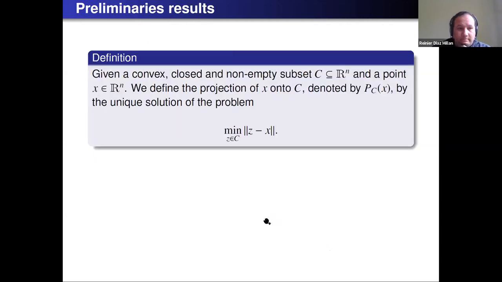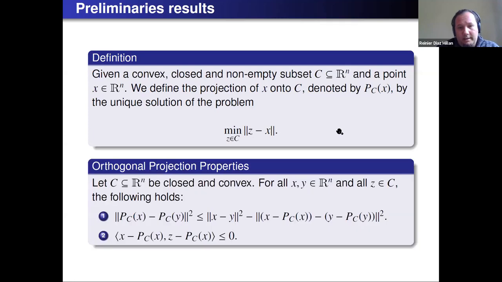Okay, good. The definition we will need before presenting the projection algorithms is the projection onto the set C. It is the solution of the problem of finding the nearest point of X on C, denoted by the projection on C of X. Okay, this is classical, nothing new.